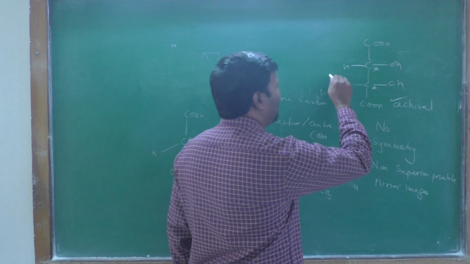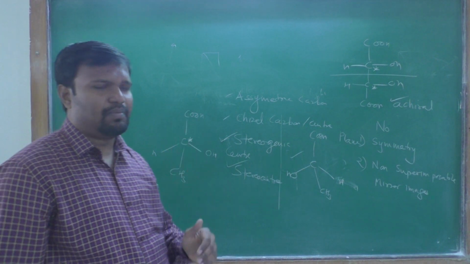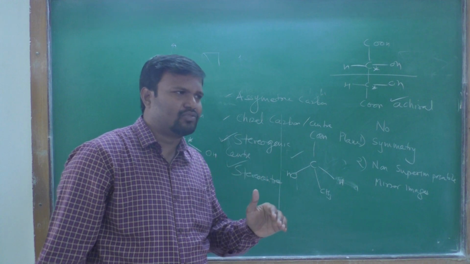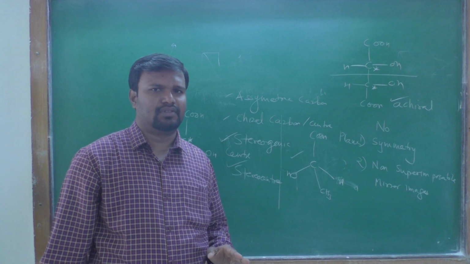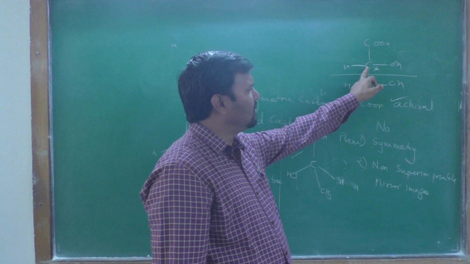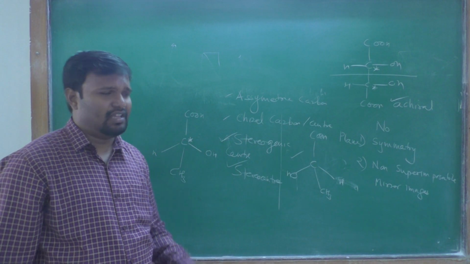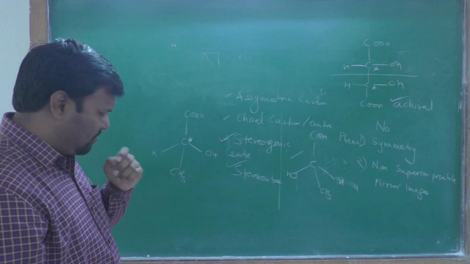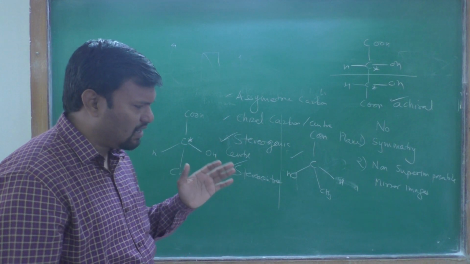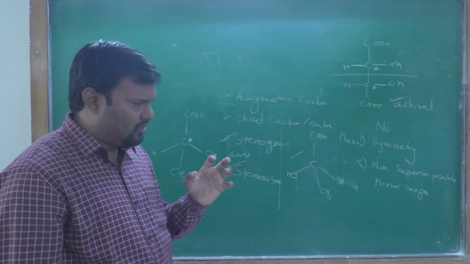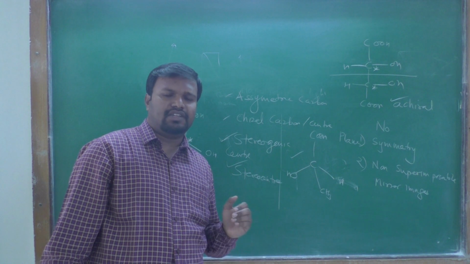When an imaginary mirror plane is passed through this compound, it divides the compound into two equal halves. Therefore, the rotation by the first center is cancelled by the second center. So if in your molecule an asymmetric or chiral carbon is present, it is not necessary that it shows chirality.